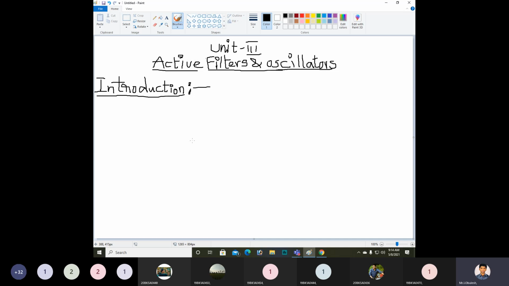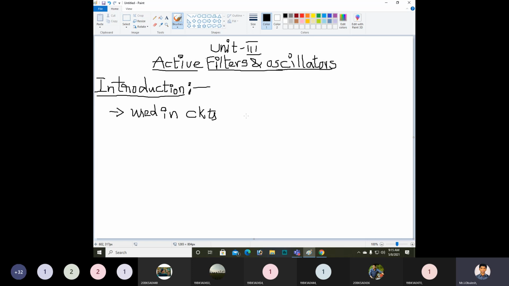First, we need to know that filters are used in circuits which require the separation of signals according to their frequencies.